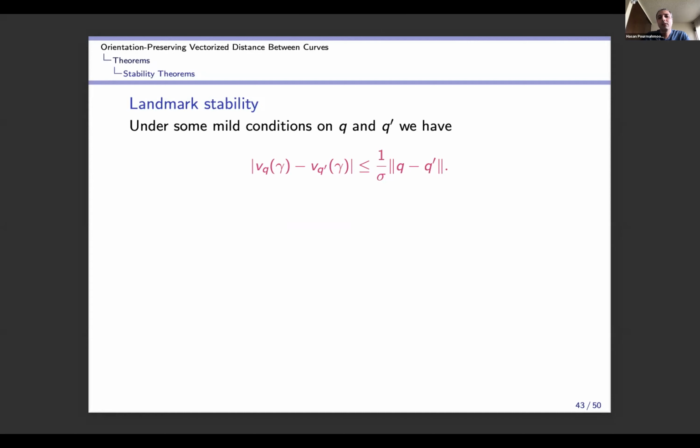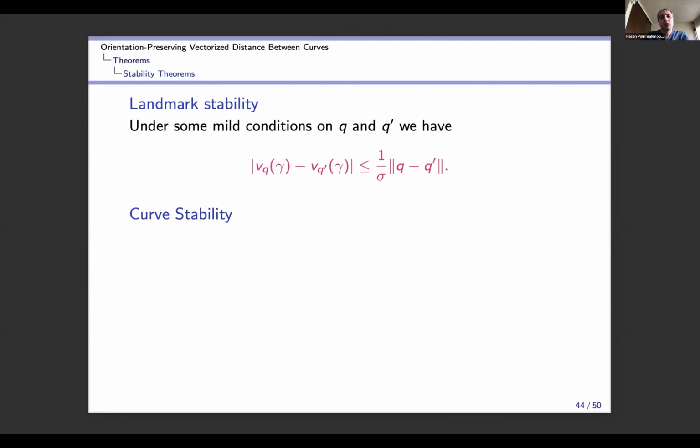This is a nice inequality because it shows the continuity of our VQ function, in fact the VQ sigma function, where we've dropped the sigma notation here. So it shows the continuity in terms of perturbations of the landmarks.